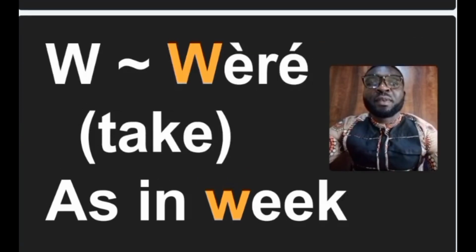Okay, let's look at the we sound. We have an Igbo word that says were, and were means take. You can just present somebody something and say were, that means take. And we have the we sound as in the English word week.